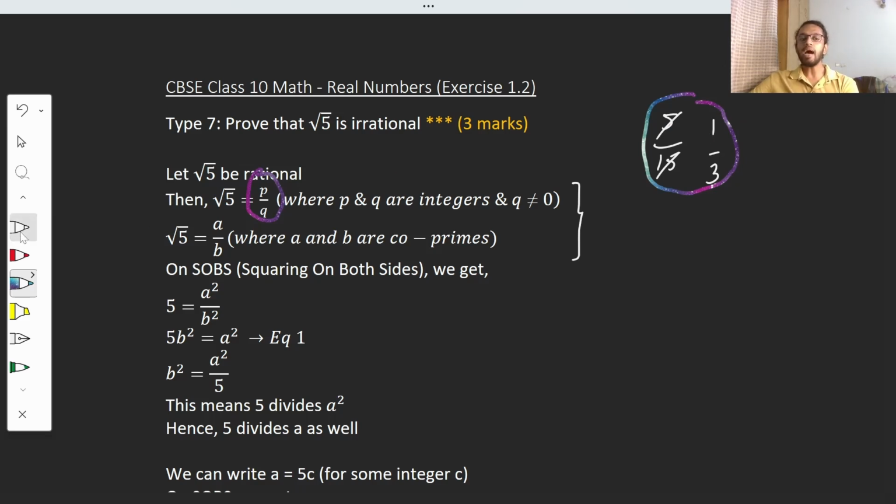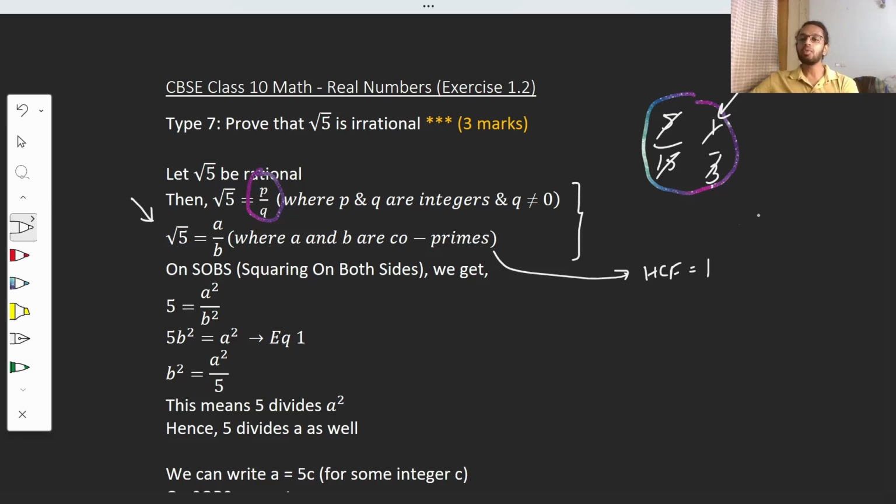After dividing them, the simplified fraction that we get is what we have assumed as a by b, and that's why we have also mentioned a and b are coprimes. Here, coprimes means their highest common factor is 1. This means that they cannot be further divided by any other number except 1. So the idea of coprimes is very important.